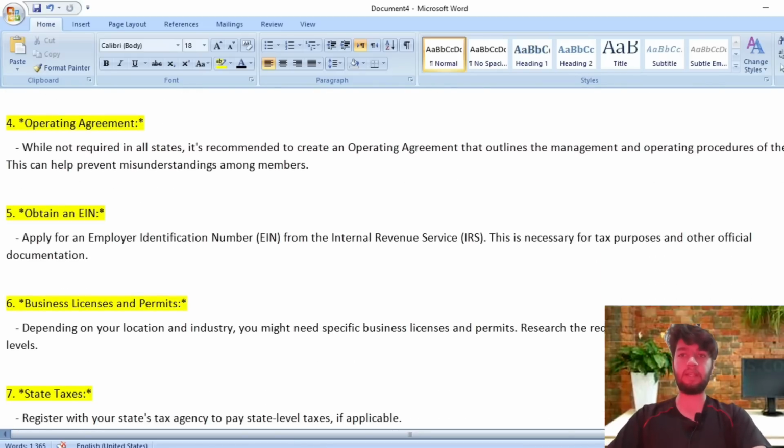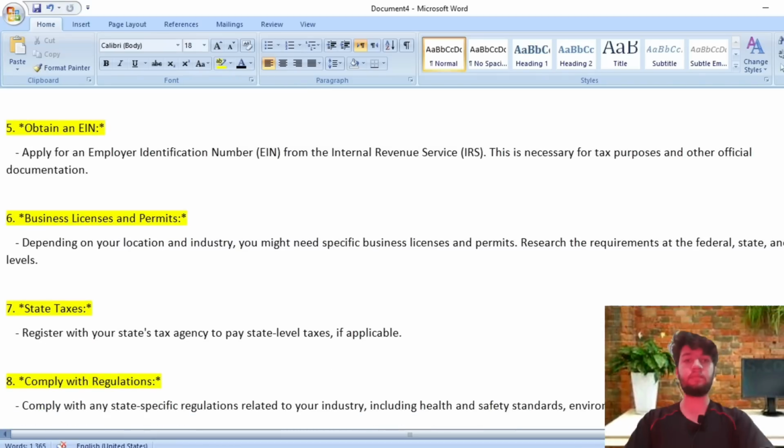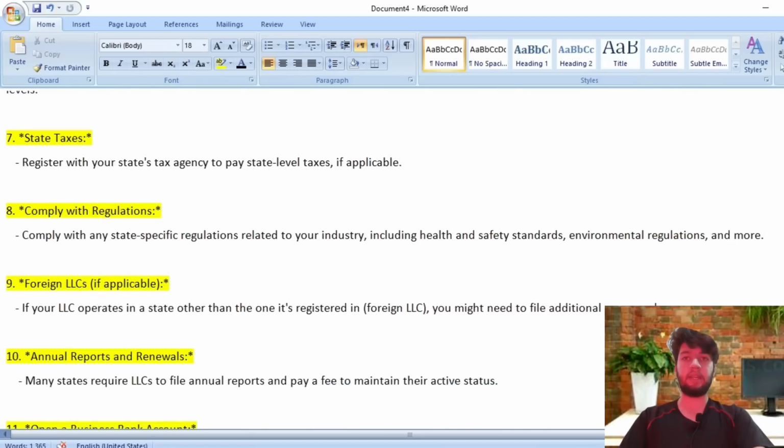State taxes. Register with your state tax agency to pay state level taxes if applicable. Comply with regulations. Comply with any state specific regulations related to your industry, including health and safety standards, environmental regulations, and more.